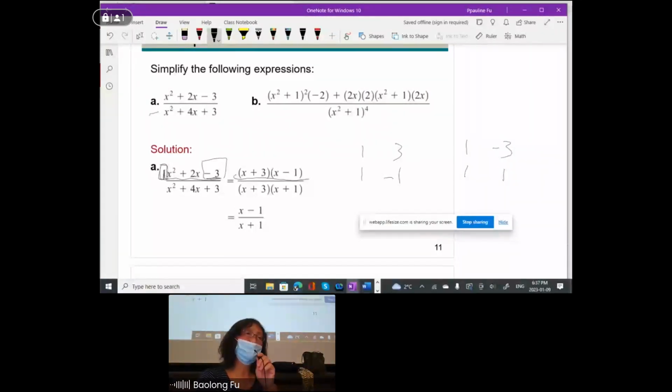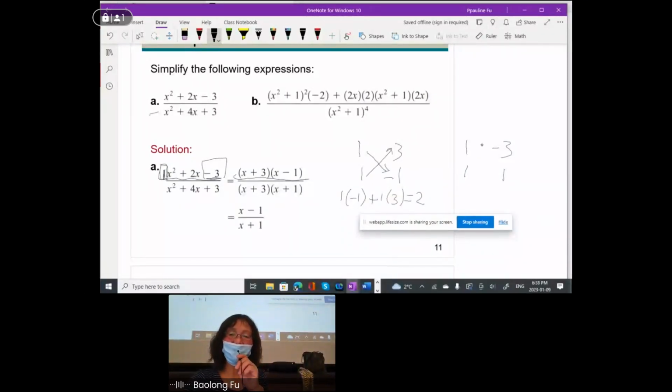After you arrange the data in this format, you use cross multiplication. So these two numbers multiplied together plus these two numbers multiplied together: 1 times -1 plus 1 times 3, the result is what? It is 2. Did you see 1 times -1 plus 1 times 3? The result is 2.